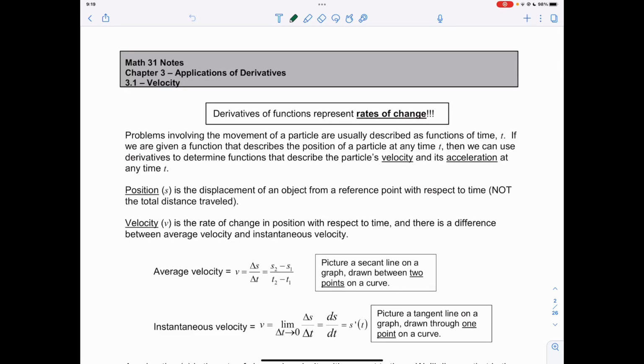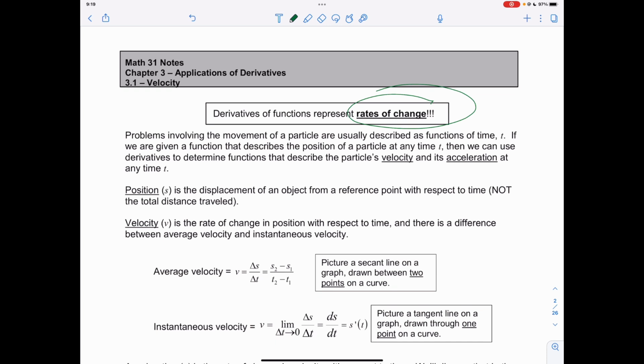All right, so now that we've learned about derivatives and how they function, we're going to put them into their actual real-world applications. Now, remember, derivatives of a function always represent a rate of change. So problems involving the movement of a particle are usually described as a function of time, t.